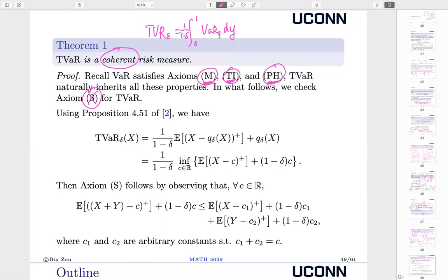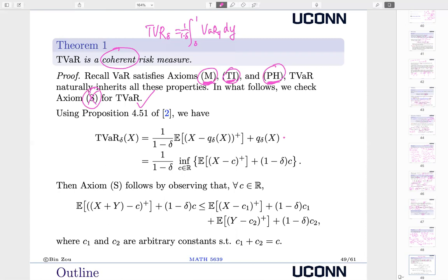VaR violates subadditivity, so we want to come up with a different concept to overcome this drawback. And here, TVaR is a good candidate. It's closely related to VaR, and we claim subadditivity is good for TVaR, but not for VaR. We will need to use this concept.